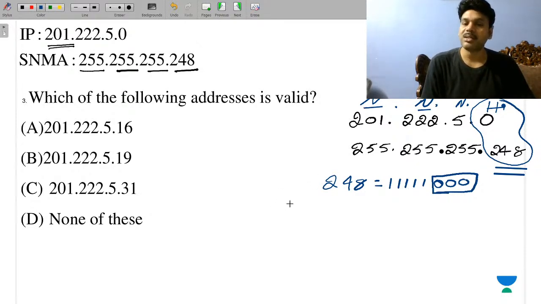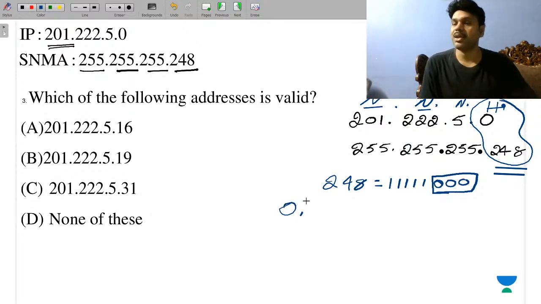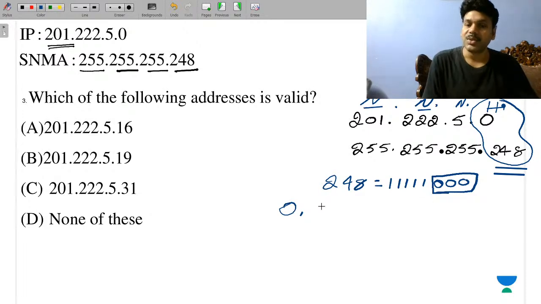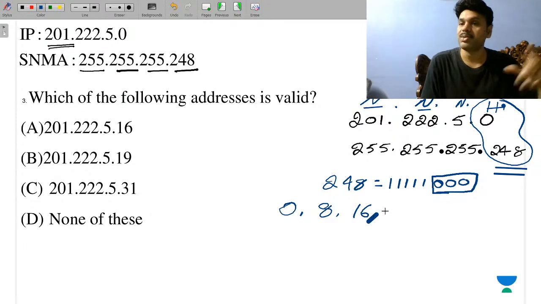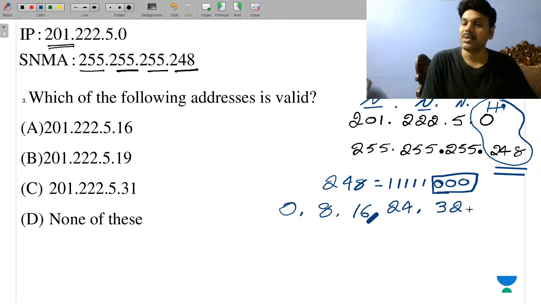Your subnet ID starts with 0, then after that we write in steps of 8, because your subnet size is 8 host IDs only. So the next subnet is 8, then 16, then 24, the next subnet is 32, and the next is 40. And many others you are going to get.